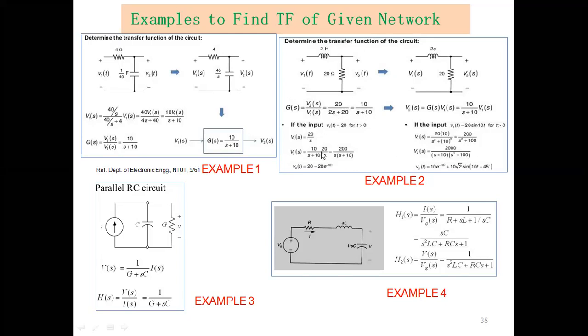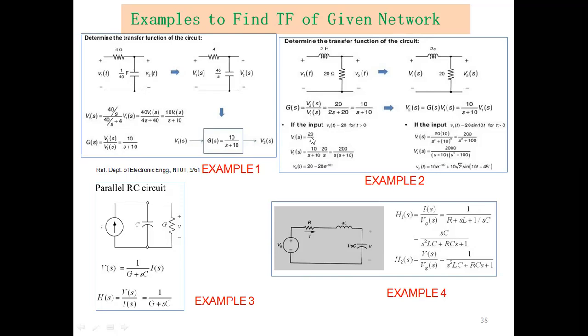So if you are calculating V2 of s, that will become total voltage 20 by s into that ratio 10 upon s plus 10. How we are getting here? We are considering the input is 20 for the time domain. If you are taking it in the frequency domain, that will become 20 by s. So I am writing as it is 20 by s.